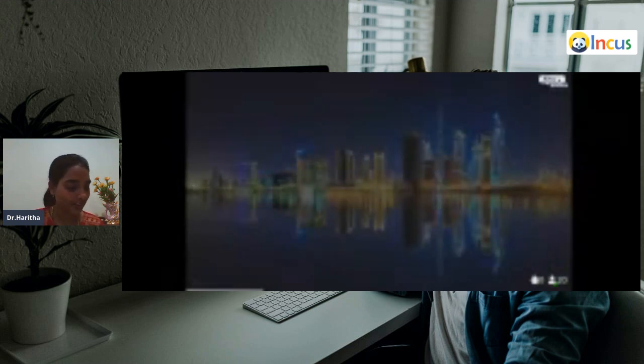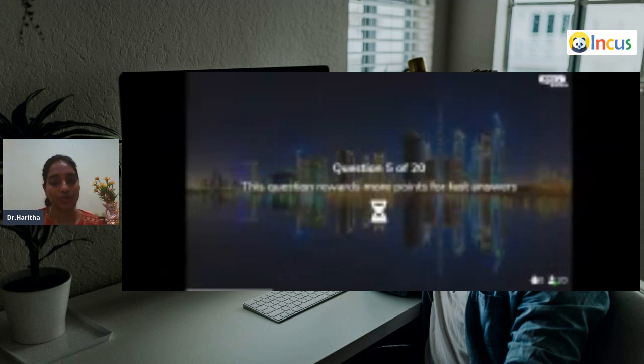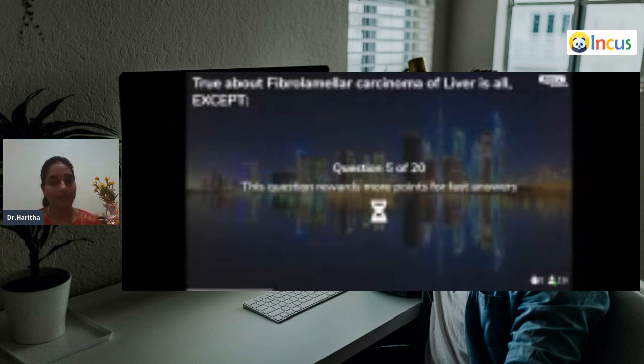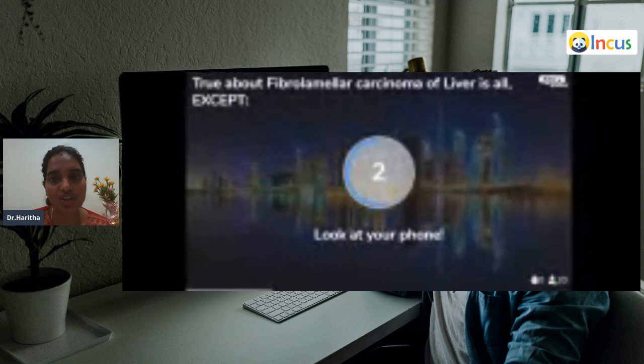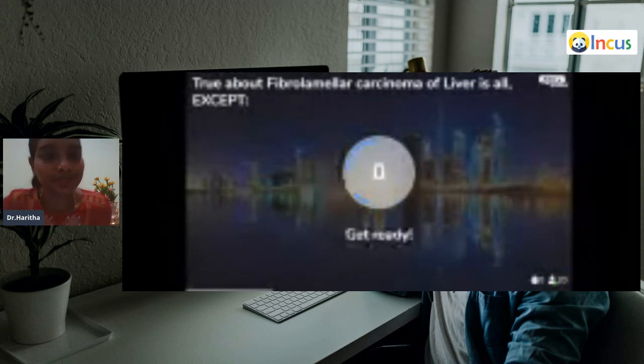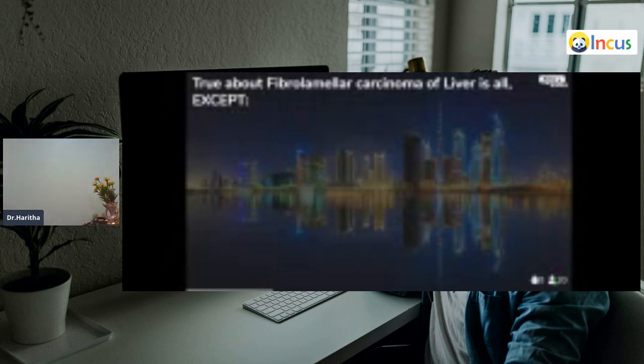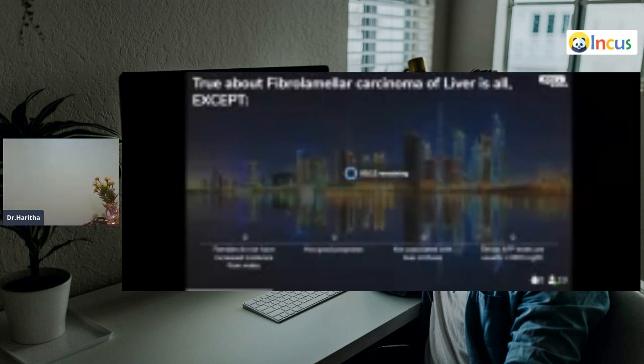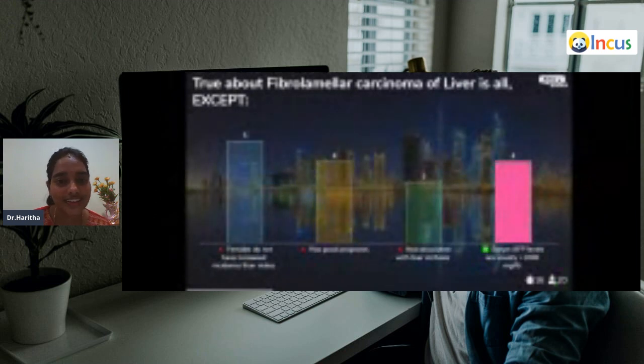Question 5, about the liver. True about fibrolamellar carcinoma of liver is all except... So the answer is, oh yes, we got a good number of people answering it.